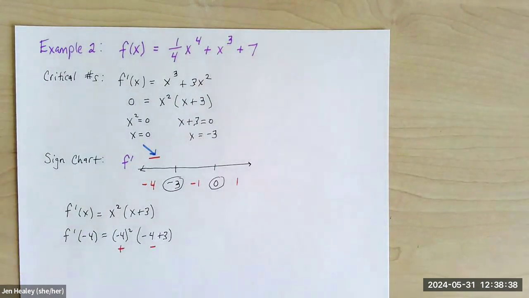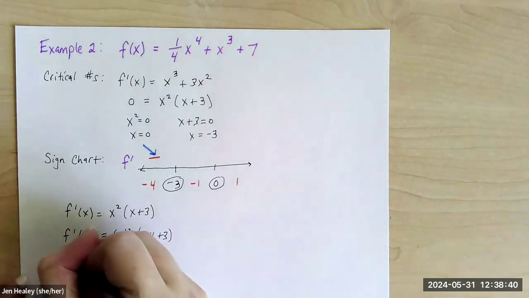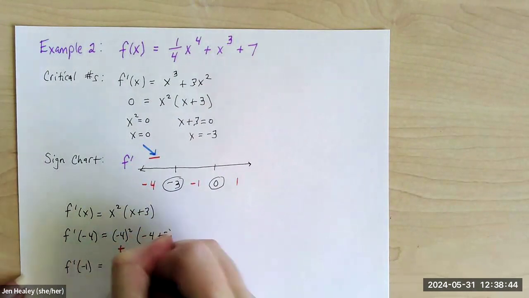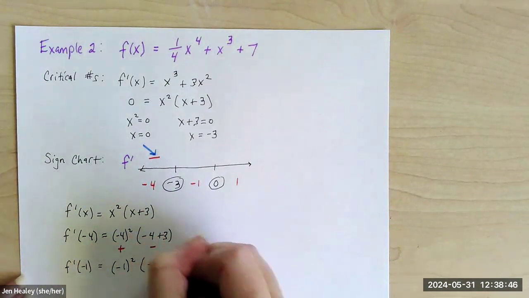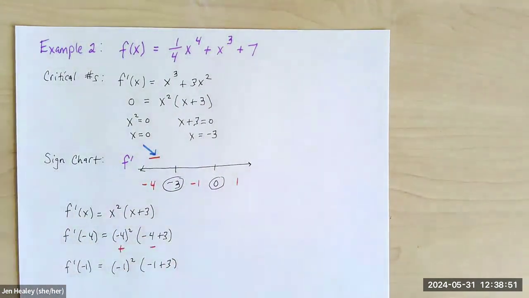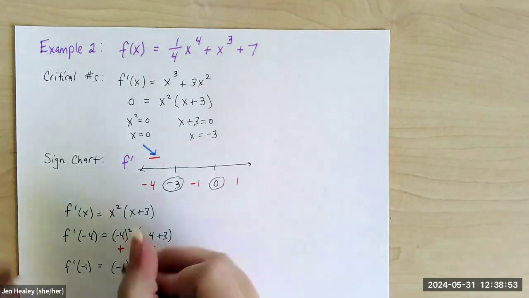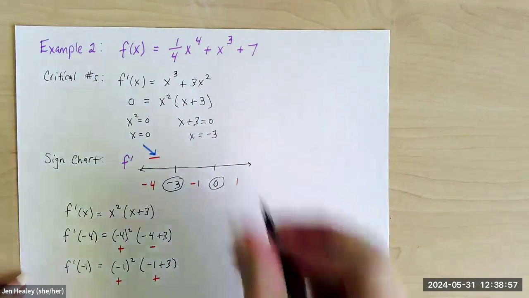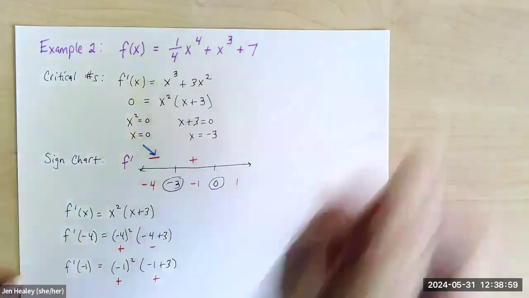Then I'm going to plug in -1. So if I have -1 and I'm squaring it, and then -1 plus 3, then this term is going to be positive, and this term is going to also be positive. So we have a positive times a positive, so I know we get a positive in that middle region.